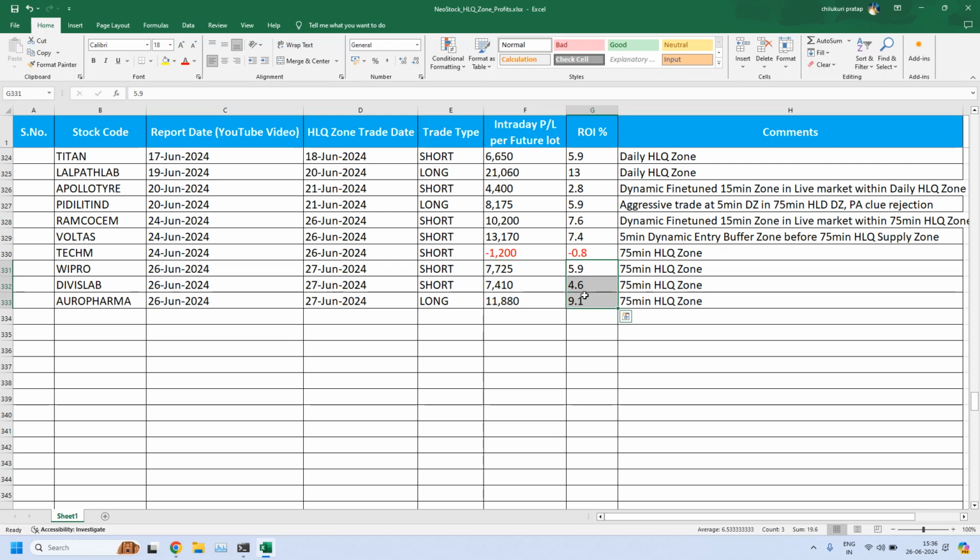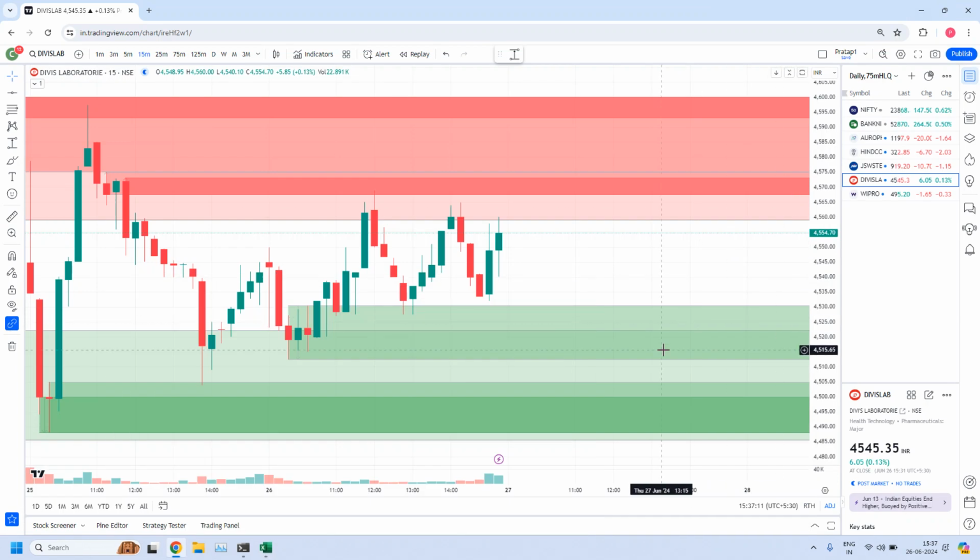All the three trades together you would have captured 19.6% ROA, because one after one, all the trades are executed. First Wipro, after that Aurobindo Pharma, after that Divi's Lab. So this is excellent.